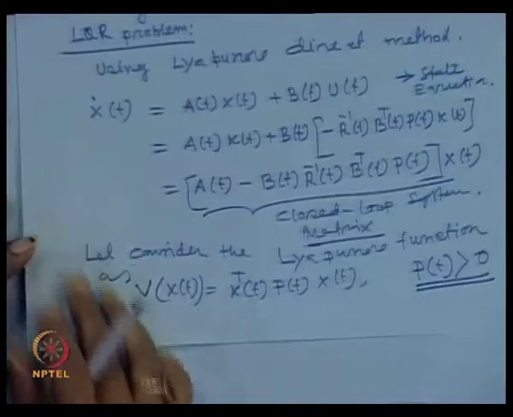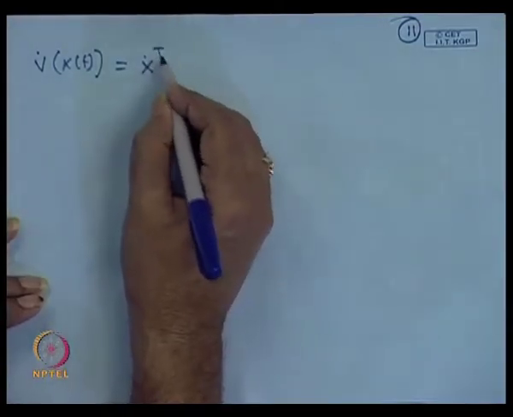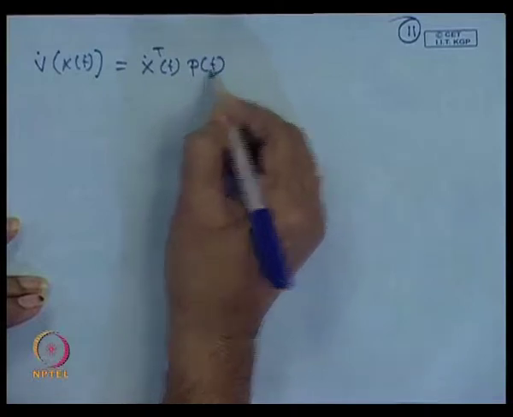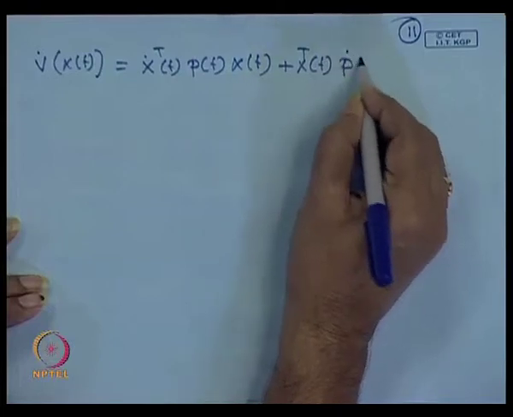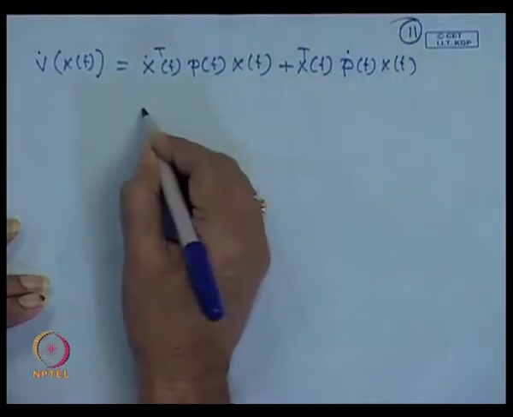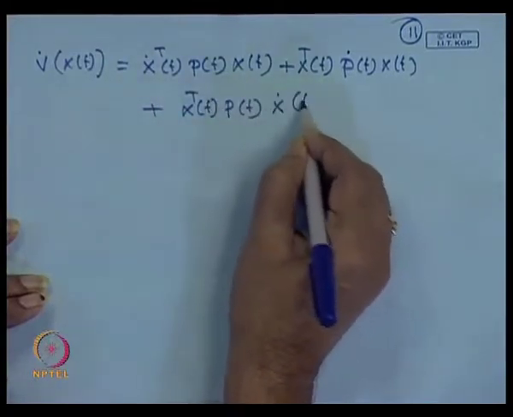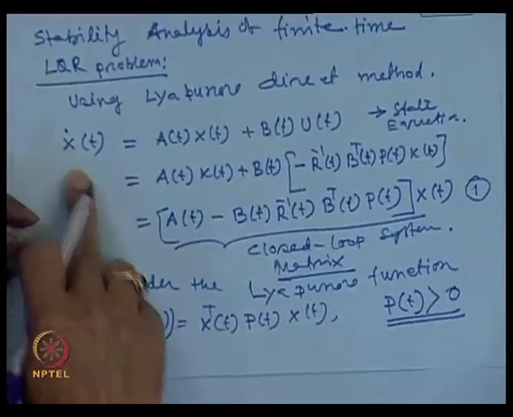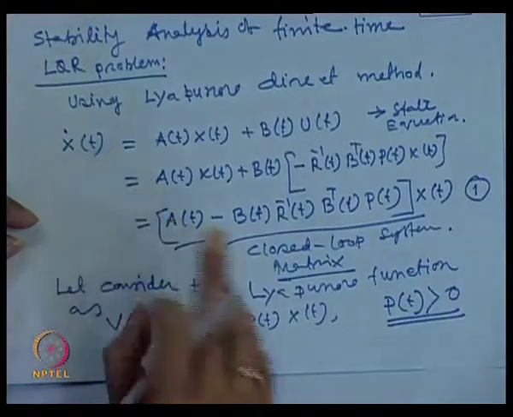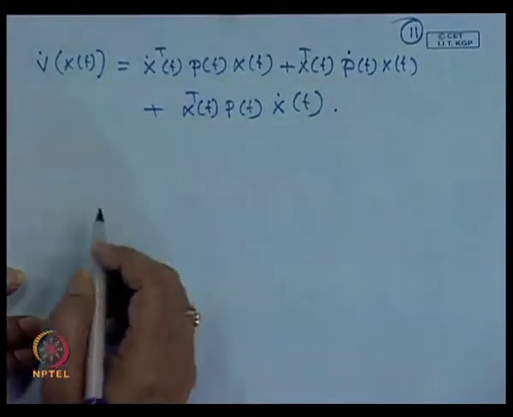If you differentiate this with respect to time t, we will get three terms: x transpose of t P of t x dot of t plus x transpose of t P dot of t x of t plus x dot transpose of t P of t x of t. And we know the expression for x dot of t of the closed loop system; let us call this equation number 1. Wherever we need x dot, we replace it by equation 1.